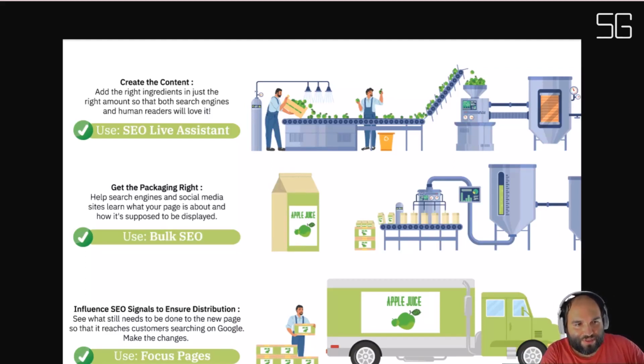You add the right ingredients in just the right amount so that both search engines and human readers will love it. Now with bulk SEO, with the snippets, with everything that you do around the snippets, around the rich snippets and JSON-LD and schema, open graph, Twitter cards, all of that stuff, you just get the packaging right. So you help search engines and social media sites learn what your page is about and how it's supposed to be displayed, which is basically the bottle, all the bottles that you see right here, they are getting packaged and ready for delivery.